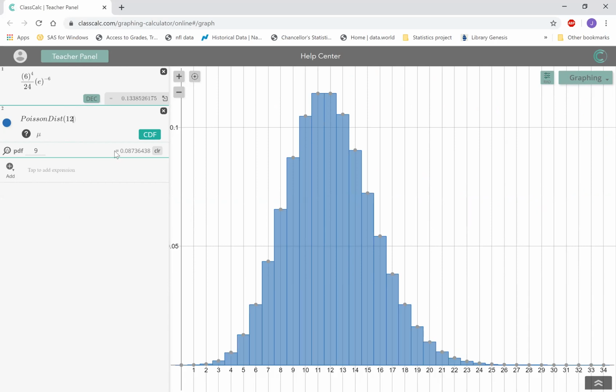If you look at it, you should get the probability that x is equal to 9 is equal to 0.0874. And that's the answer for part B.